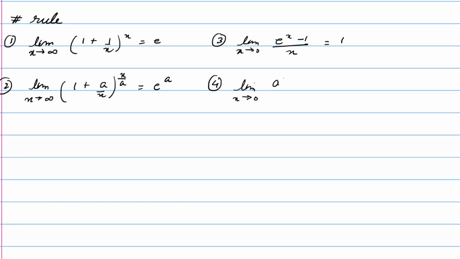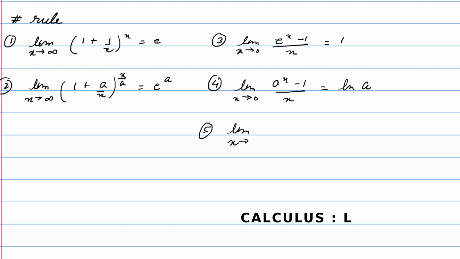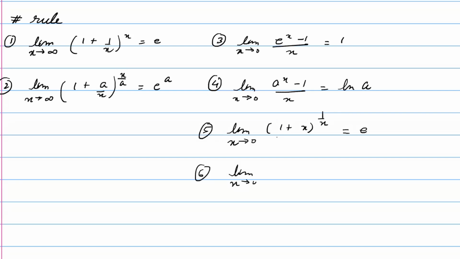Limit x tends to 0, (a raised to x minus 1) upon x is equal to ln a. Then limit x tends to 0, (1 plus x) raised to 1 upon x is e. And limit x tends to 0, ln(1 plus x) upon x is equal to 1. So these are some of the properties that we will be using. You can write this down before we move ahead.